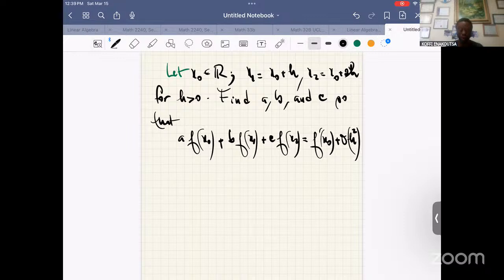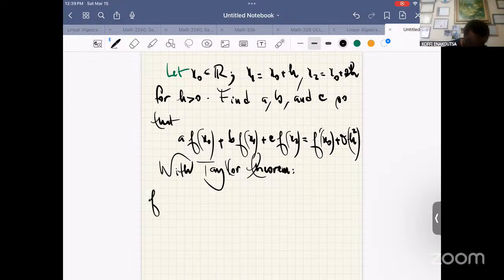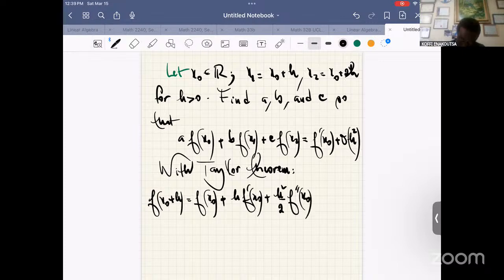Let's use Taylor's theorem. We can claim that f at x0 plus h is f at x0 plus h f prime at x0 plus h squared divided by 2 f second at x0, plus we stop at the next term, h cubed over factorial 3 f third at epsilon 1.